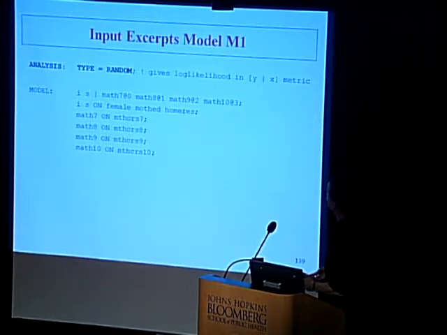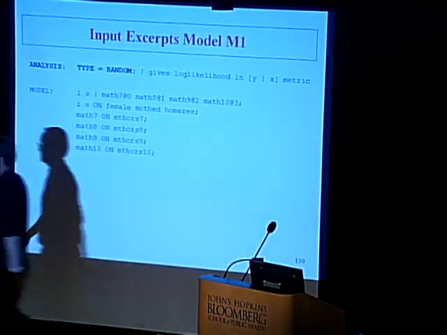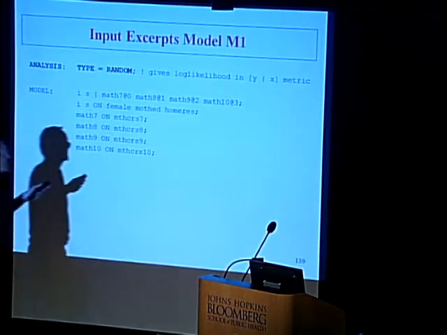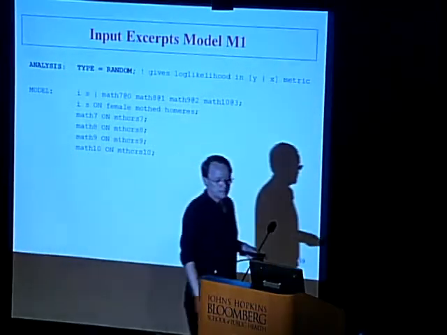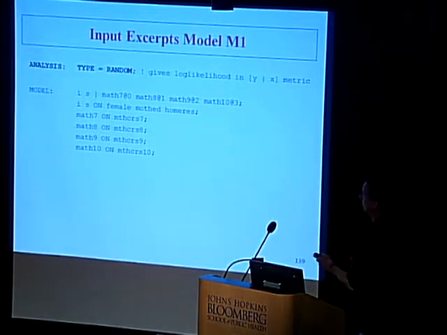So I'm going to do the first model, which is the one that was on the left. That's model M1. I'm redoing it under type equals random because that gives you a log likelihood in the same metric as we get when we do the random slope model, M2.